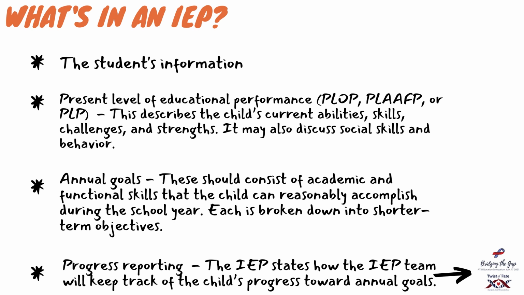These should consist of academic and functional skills that a child can reasonably accomplish during the school year. Each is broken down into shorter term objectives. So you might think of that like a report card that's broken down into four pieces. So an IEP might be broken down into shorter term objectives that we can meet.